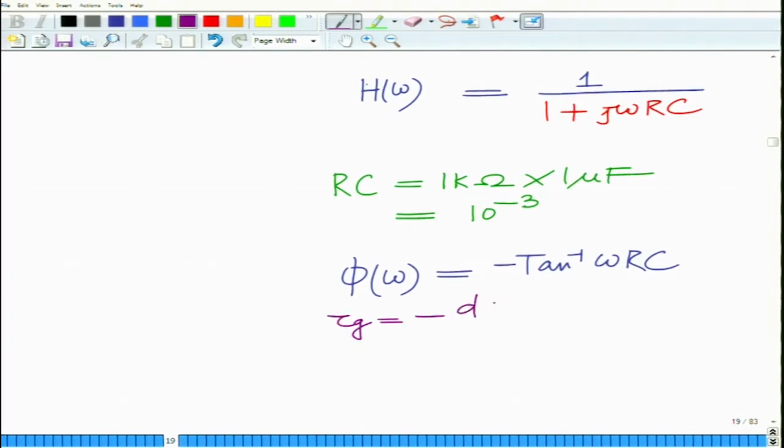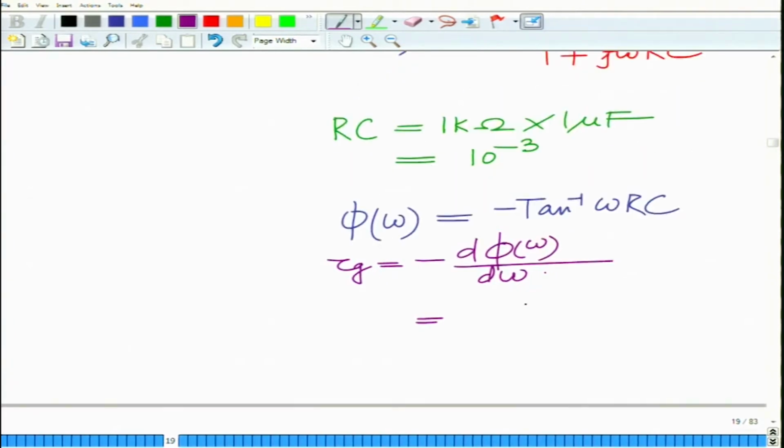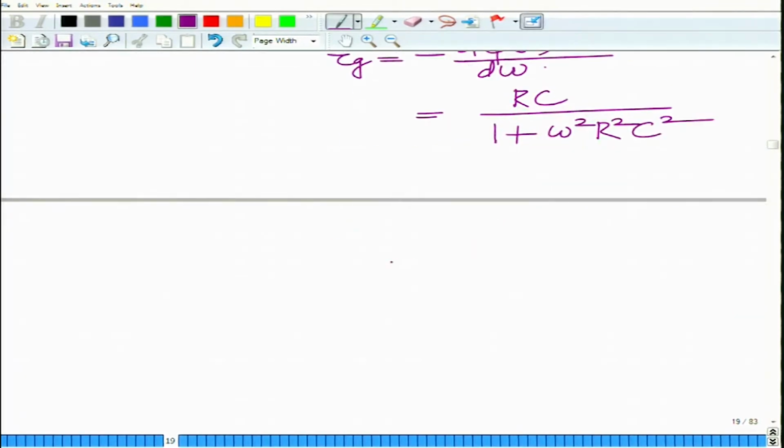equals minus d phi of omega over d omega, that is the derivative of tan inverse omega RC, which is basically RC divided by 1 plus omega squared R squared C squared.